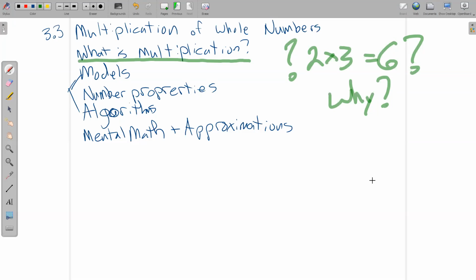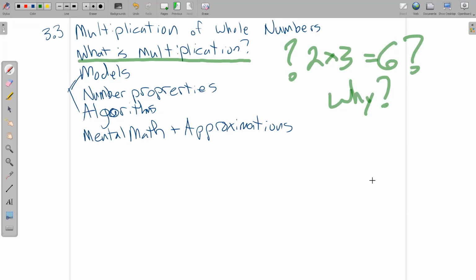And they would say, oh, well, that's 6. And I'd say, okay, well, why is it 6? And they would probably respond, well, because 2 times 3 is 6. And I would say, okay, well, what does times mean? And they would say, well, it means multiply. And I'd say, what does multiply mean? And they'd say, well, it means times. Uh-oh, times and multiply mean the same thing, but what do they both mean?